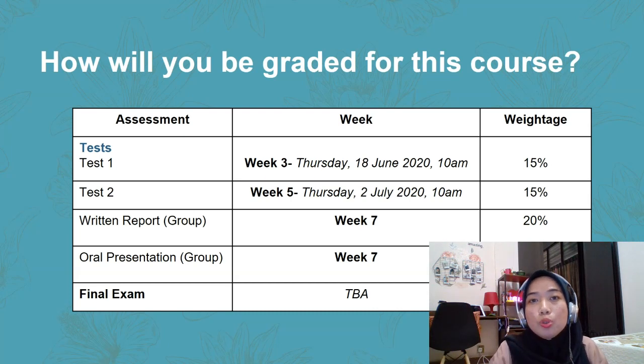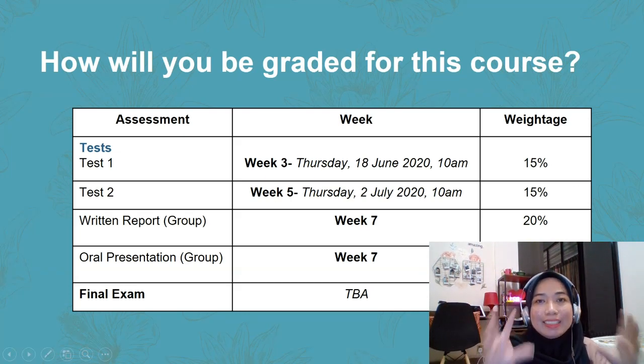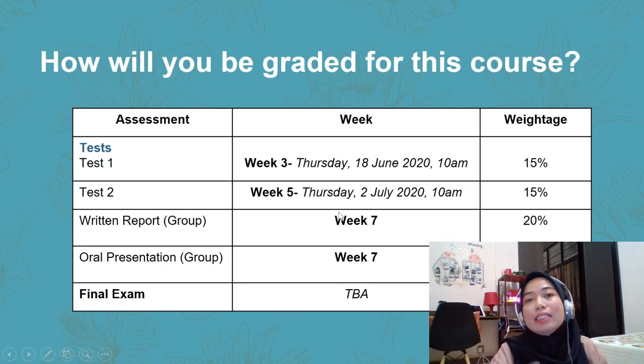But if you simply watch all of the videos, but you did not come for your test 1 or test 2, you didn't complete your written report or even oral presentation, you did not submit your video, hence you will not get the marks. Please concentrate on these assessments illustrated in this table.